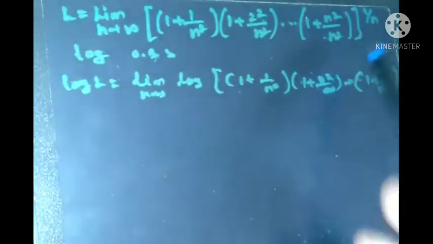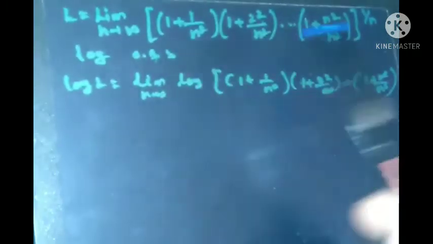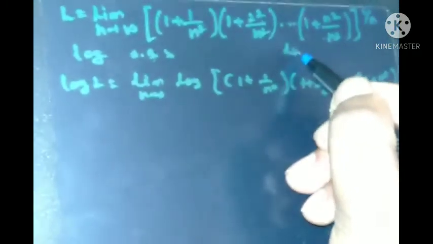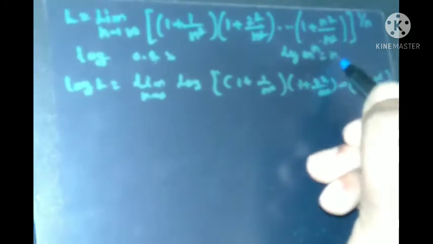After taking log, we know by the logarithmic property that log of m power n is equal to n into log m.